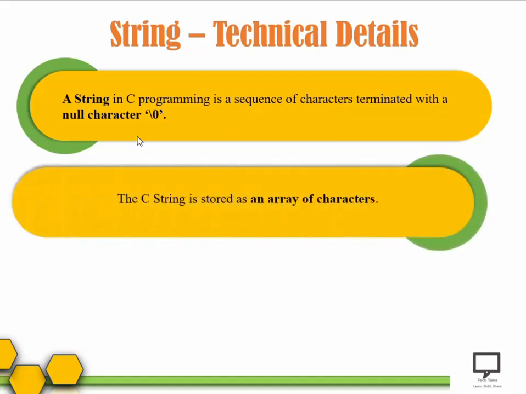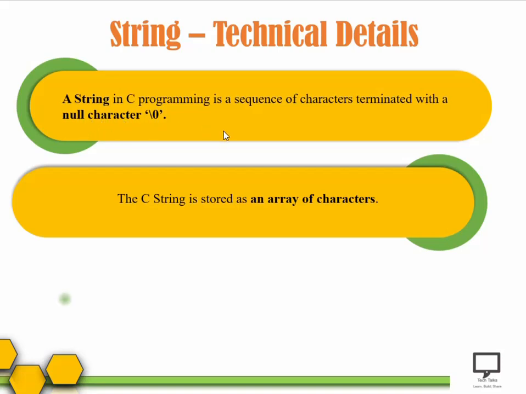And the string is stored as an array of characters. It's just the same as your integer arrays, but an integer array never ends with the null character. This is the specific extra property of strings: in C programming, a string always ends with the null character.